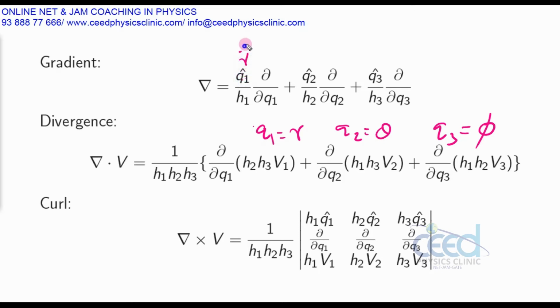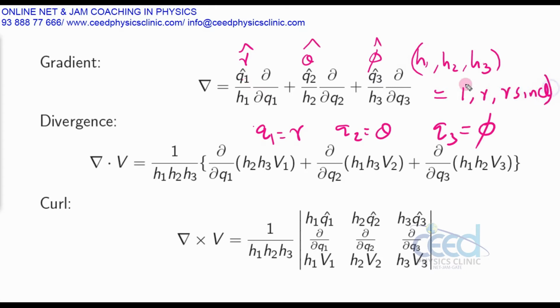That is r cap. What is q2 cap? That is theta cap. What is q3 cap? That is phi cap. Similarly you can replace, and these scale factors h1, h2, h3 we have already discussed. In spherical polar coordinates, h1, h2, h3 is 1, r, r sin theta.